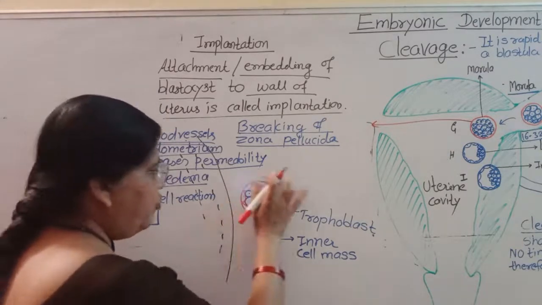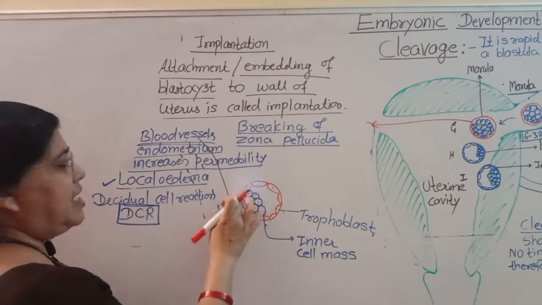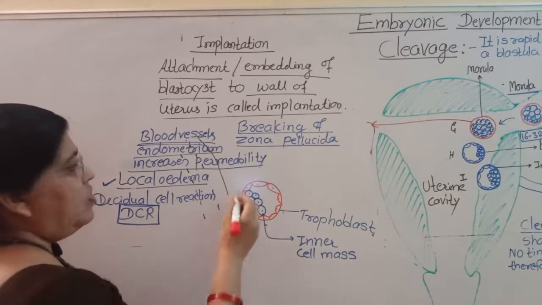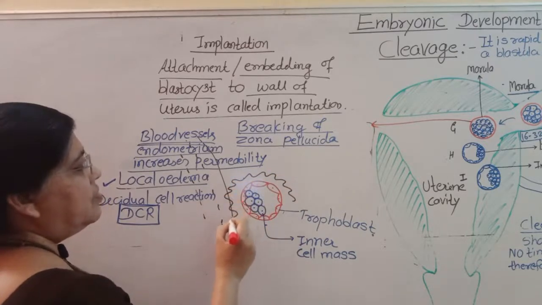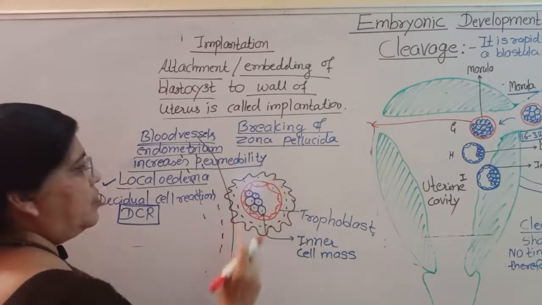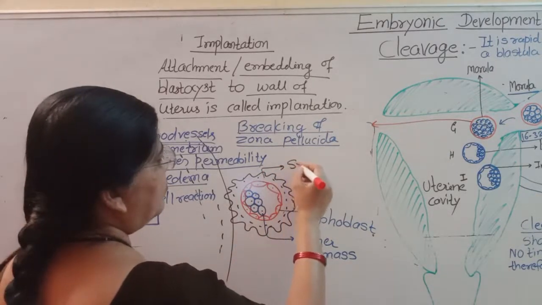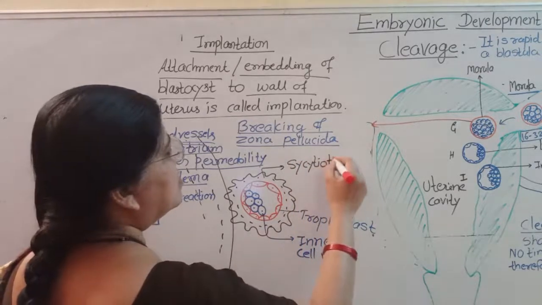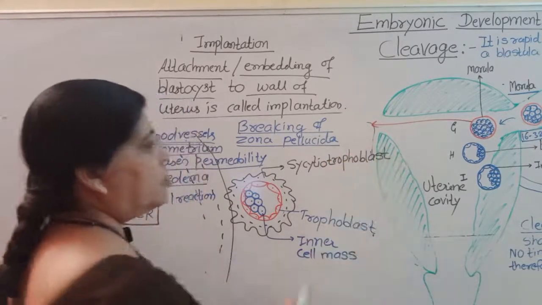See, this is trophoblast. Some trophoblast cells which are present towards the inner cell mass divide and redivide to form one additional layer of trophoblast, and this layer is called syncytiotrophoblast.